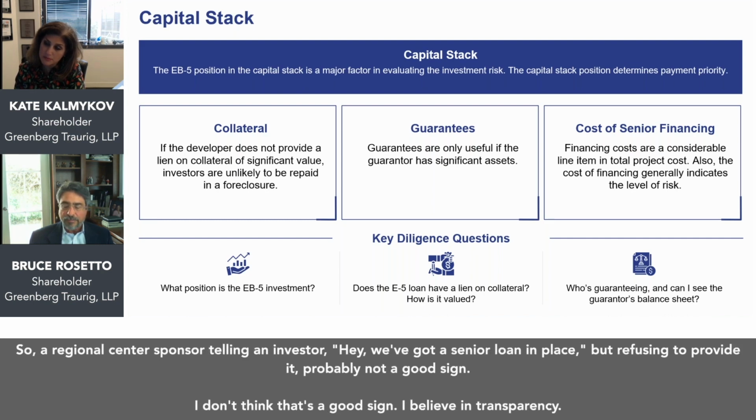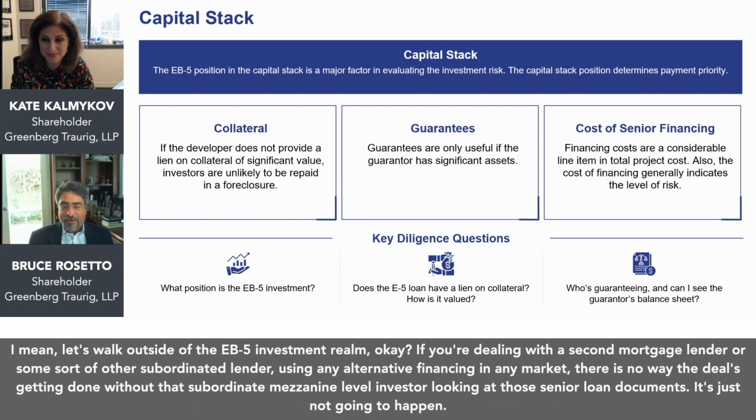Got it. So regional center sponsor, telling an investor, hey, we've got a senior loan in place, but refusing to provide it, probably not a good sign. I don't think that's a good sign. I believe in transparency. Let's walk outside of the EB-5 investment realm.